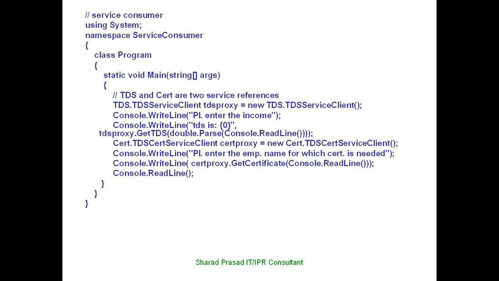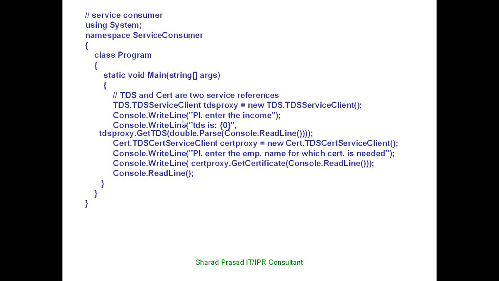And in this console application, we will consume the services we have created and hosted using the console application. So let us see how the services are accessed, discovered, and then used. We'll come back to this client code.